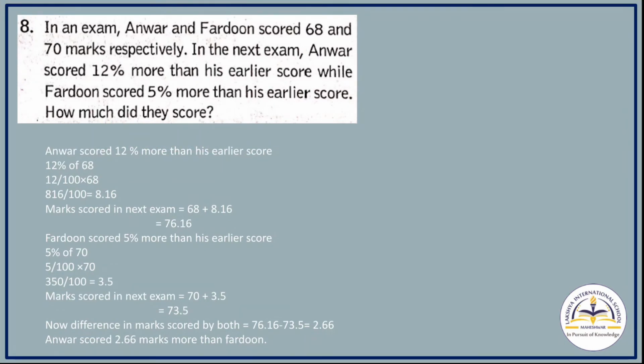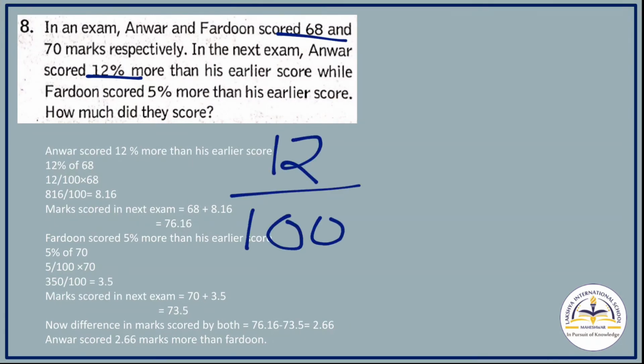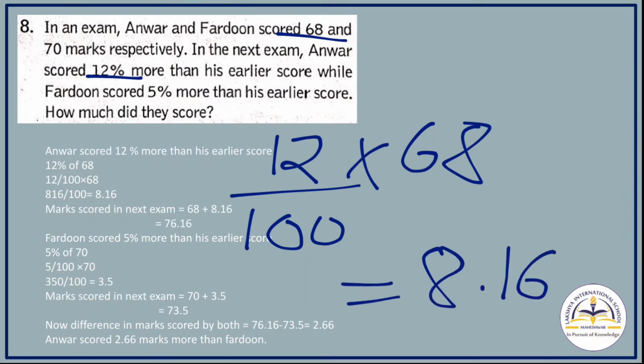Now, we will find out the 12% of 68 first. 12%, that is 12 by 100 into 68. When you solve this, you will get 8.16. So the marks scored in the next exam, that is 68 plus 8.16, you will get 76.16.